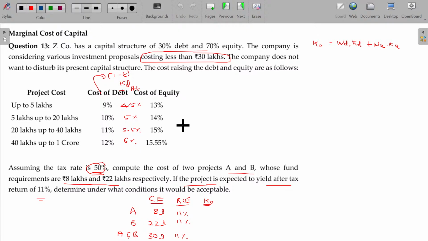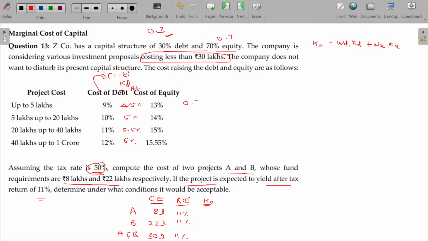For the 4 aspects, up to 5 lakhs, the cost of debt is 4.5%. The weight of debt is 0.3 and the weight of equity is 0.7.